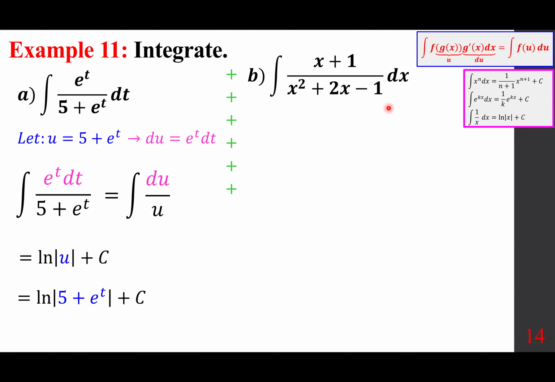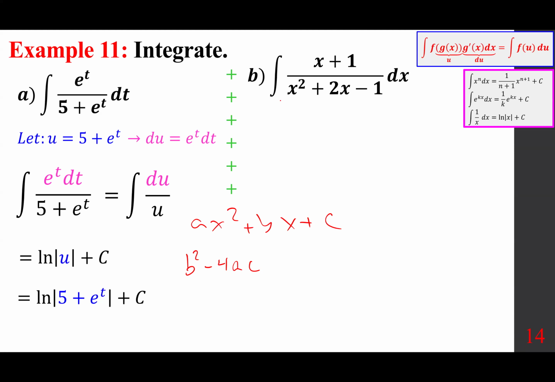This one you want to simplify by factoring. The denominator can't be factored because b squared minus 4ac must be a perfect square for it to be factored. And I've explained that before. Let's just quickly remind everybody of that. If you have ax squared plus bx plus c, b squared minus 4ac must be a perfect square.